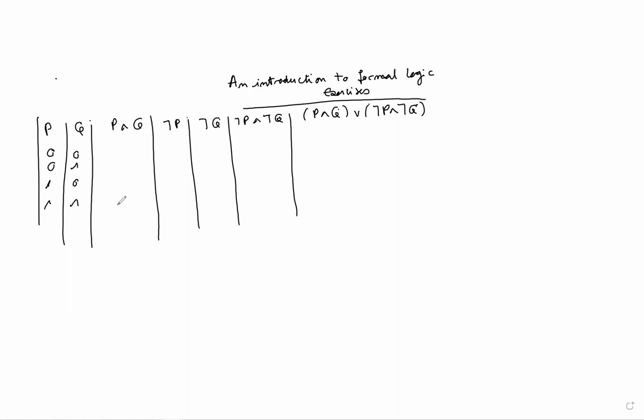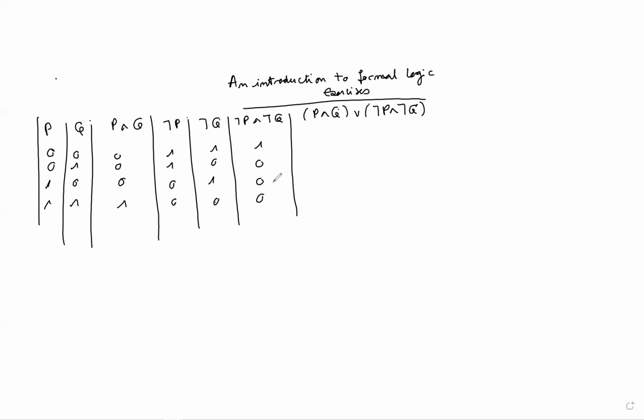P and Q is false everywhere except here. Not P is the negation of this. So where you have zeros here, you have ones here. Not Q is 1, 0, 1, 0. Not P and not Q is true only when you have both.